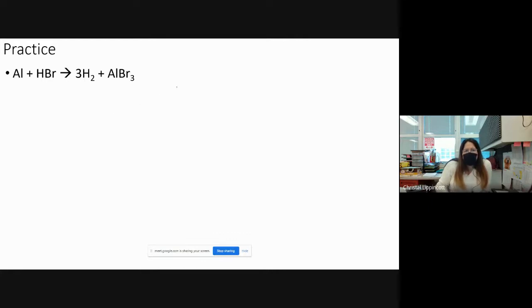This is just another practice problem. I want to go through this. Al plus HBr yields 3H2 plus AlBr3. I think this one will work out for us. Let me show you what I want to show you. This is going from a 0 to a +3.